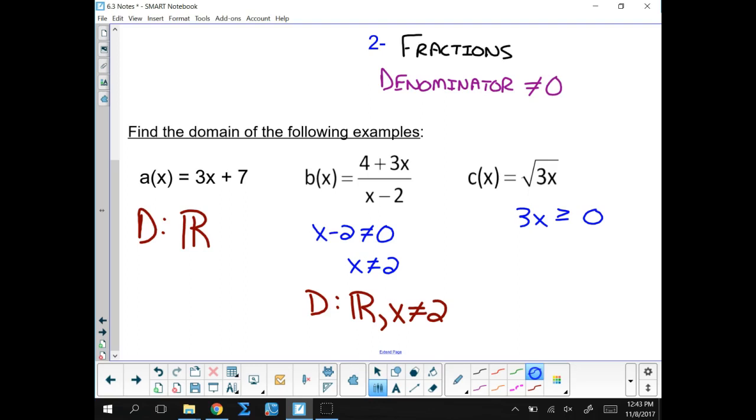Square root of 0 is 0. So that's why the equals part's there. So this is basically saying here that x then has to be greater than or equal to 0. So the domain on this one is all real numbers with the exception that x has to be greater than or equal to 0.